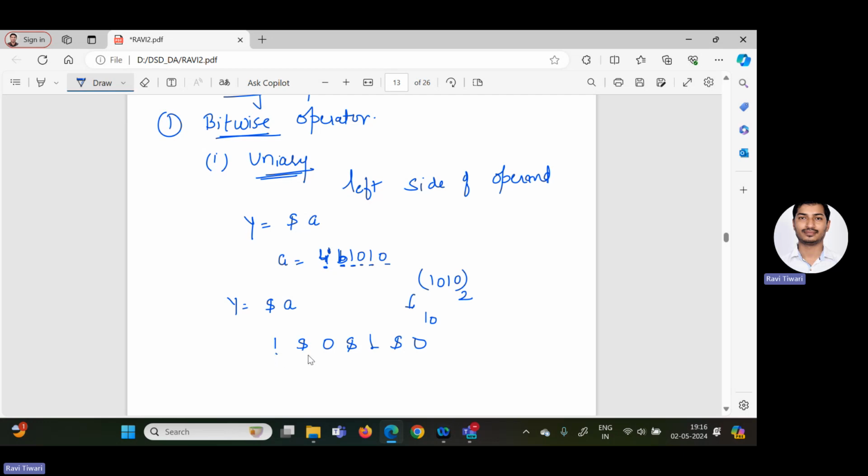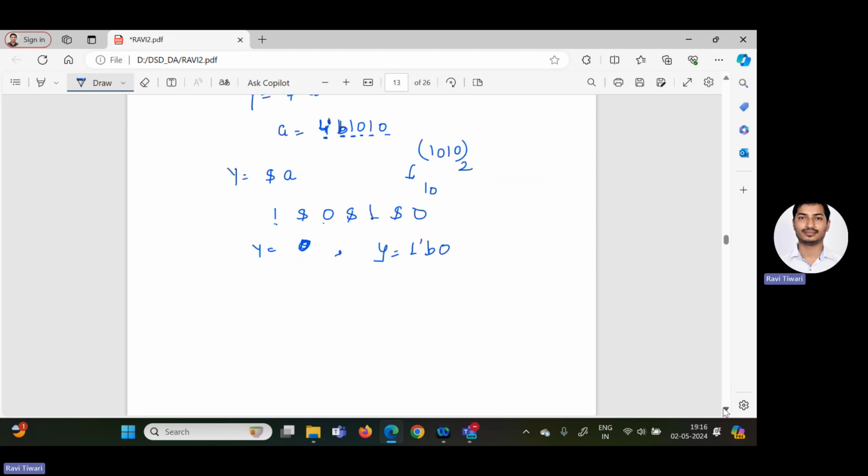As you know, AND operation between 1 and 0 will give you 0, 0 with 1 again 0, 0 with 0 again 0. So you will get Y is equal to 1'b0. What does it mean? It's a 1-bit binary and the result is 0. I will give you some more examples related to it.